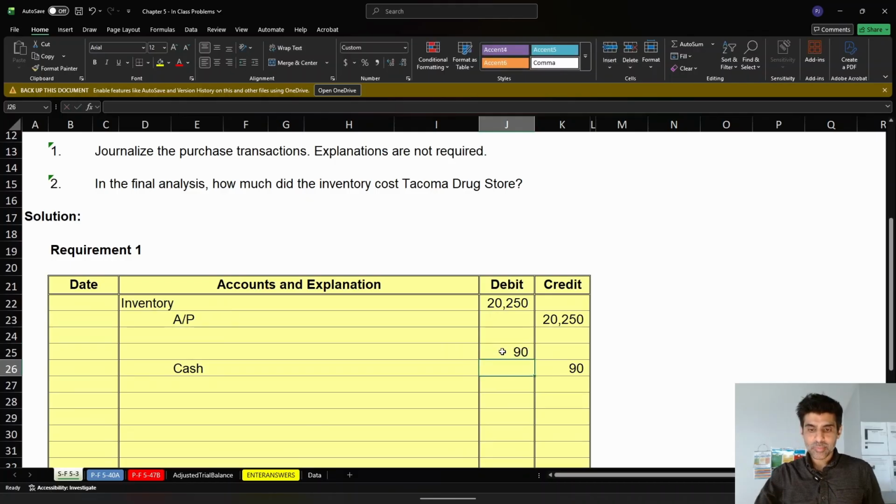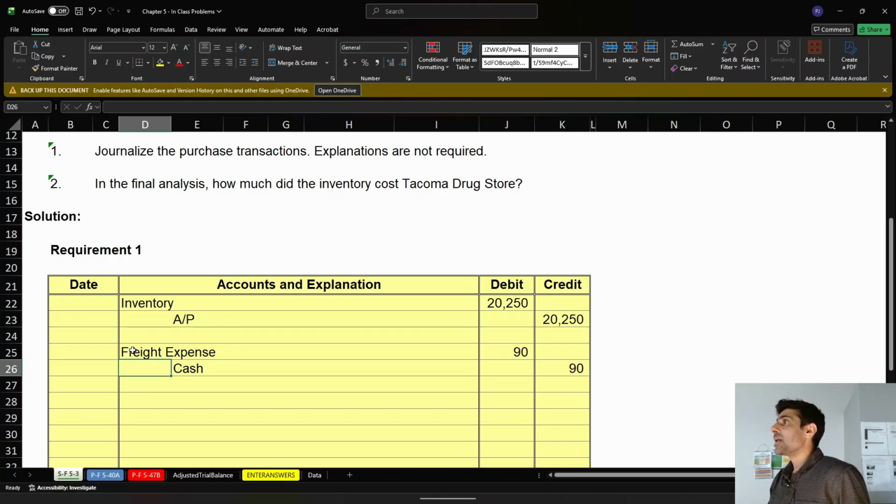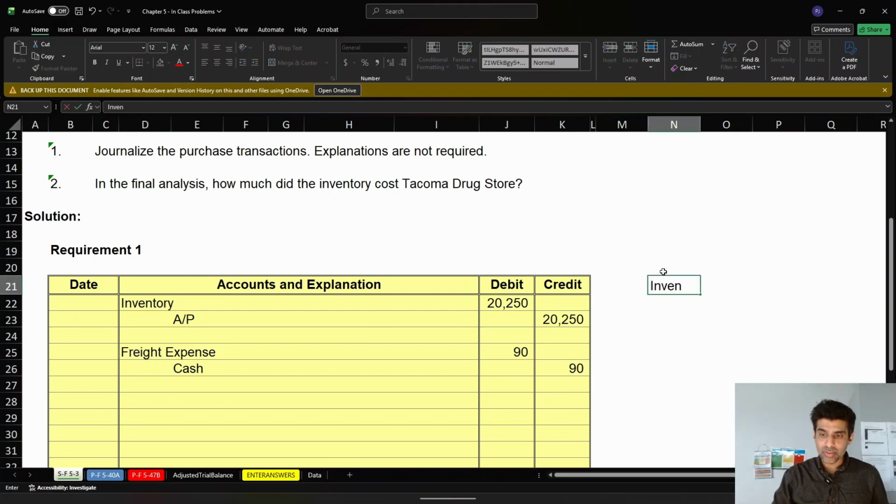Now the question is, the obvious first thought is, okay, freight expense. But I mentioned this in the lecture, and in case you missed it, when you're buying inventory and paying for freight, you want your inventory asset to be fully representing the full cost of it.